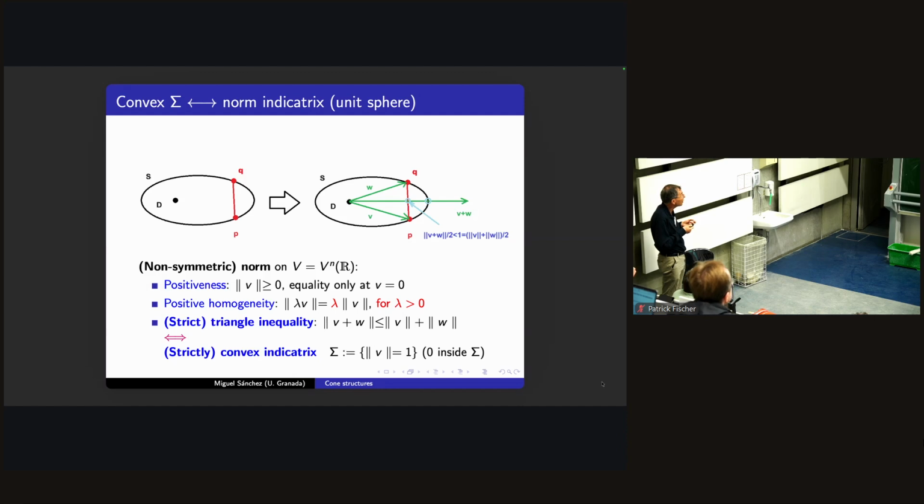That means that it behaves as a norm, taking out the scalar when the scalar is positive, okay? And this permits to define the norm from the indicatrix. And satisfying the triangle inequality becomes equivalent to the convexity of the indicatrix, because of some elementary construction by using a parallelogram. Indeed, the triangle inequality and the strict triangle inequality become equivalent to convexity and strict convexity.